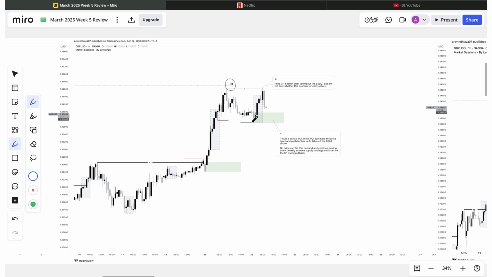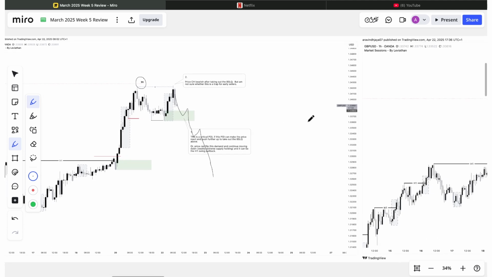What I can say is this low failed to take out this high, so this low can be taken out. In that theory, this works, but I'm not sure whether the price wants to take out the weekly buy side liquidity or just wants to flip the demand zone and continue the swing pullback.